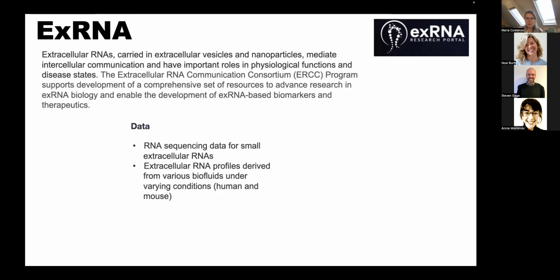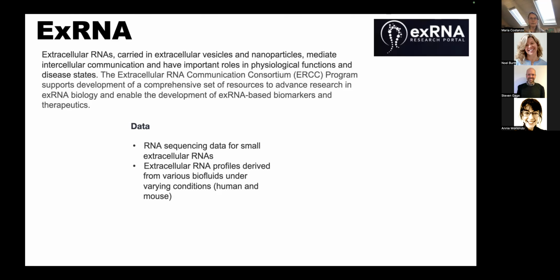So this consortium is just trying to find out how many of these exist, and what types of RNA, what types of carriers, and which biofluids they are in.